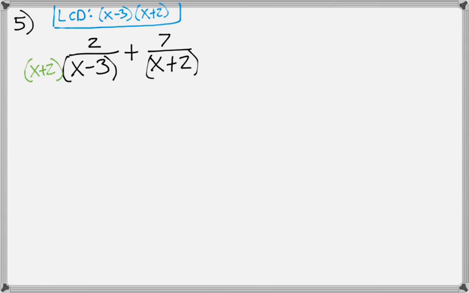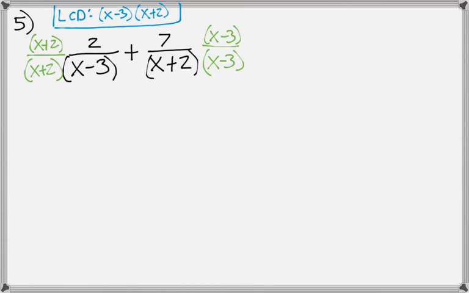But to keep this legal, you also need to multiply the top by x plus 2. The second fraction has an x plus 2, but it's missing an x minus 3. So I need to multiply by an x minus 3. But to keep this legal, you also need to multiply the top by an x minus 3.